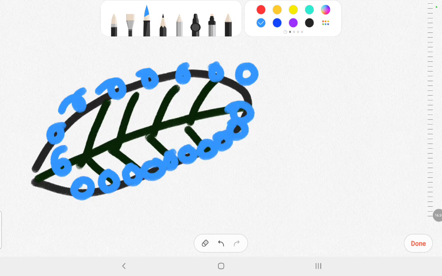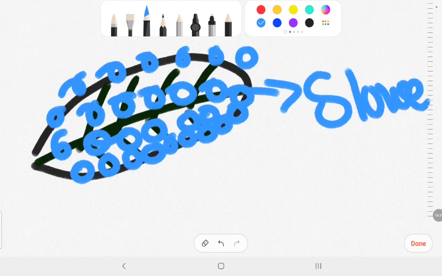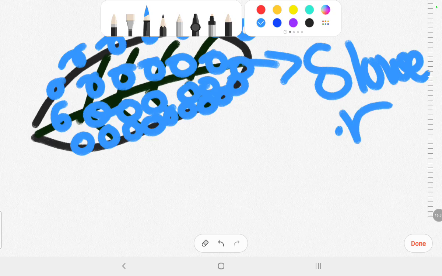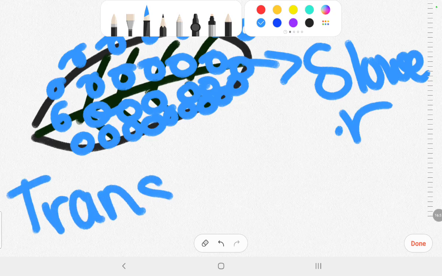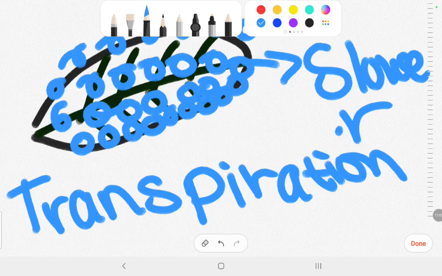Now there is a lot of water vapor on the leaf. Do you think that the transpiration will be as fast as a leaf which does not have any water molecules on it? Of course, it will have a slower rate. So this one will have a slower transpiration.